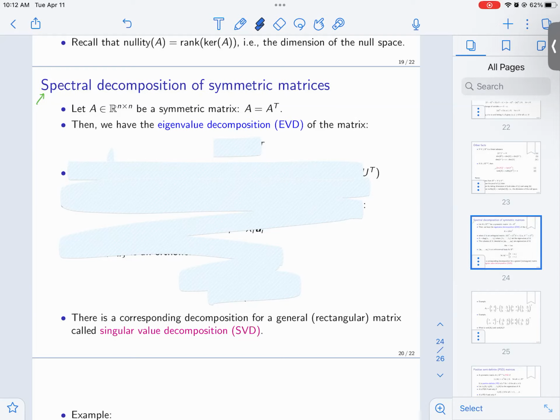So how many people know what eigenvalues and eigenvectors are? Okay, one, two, hopefully more. Any one of you want to remind us what eigenvalues and eigenvectors are?